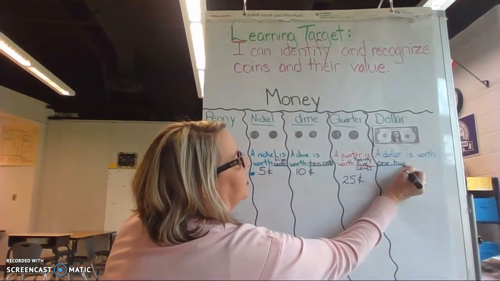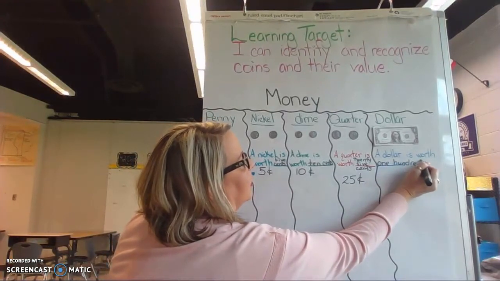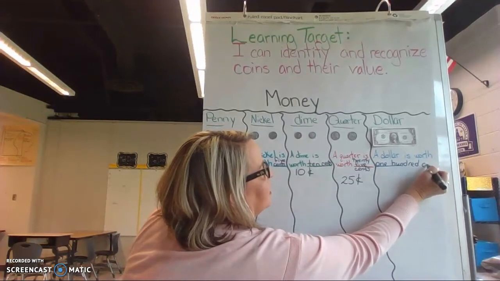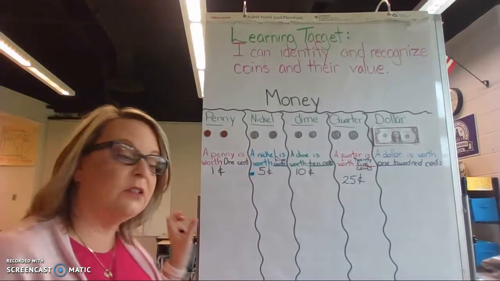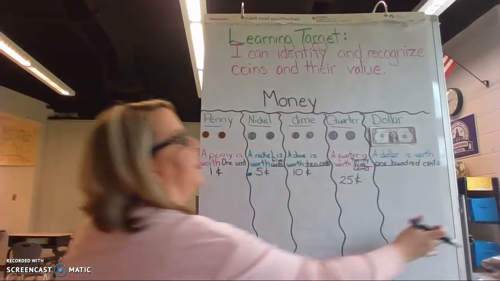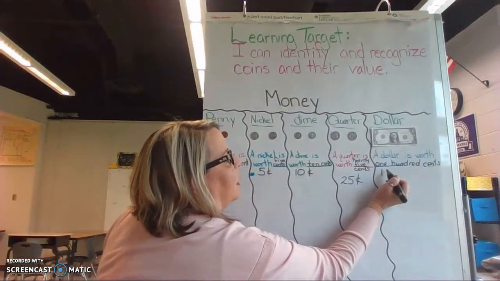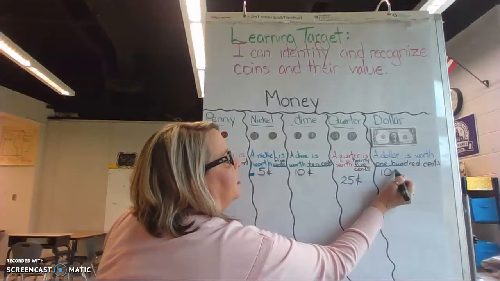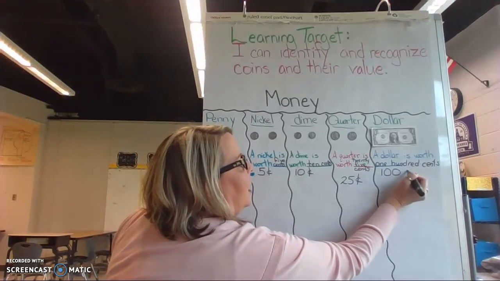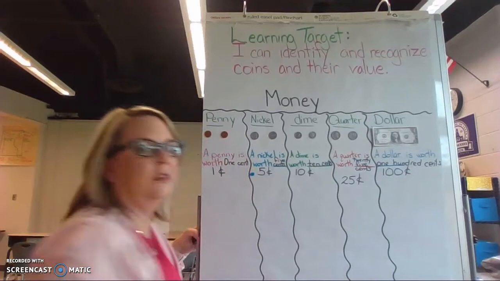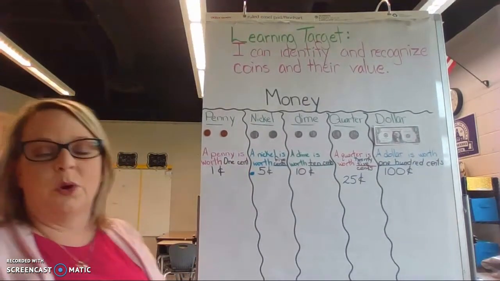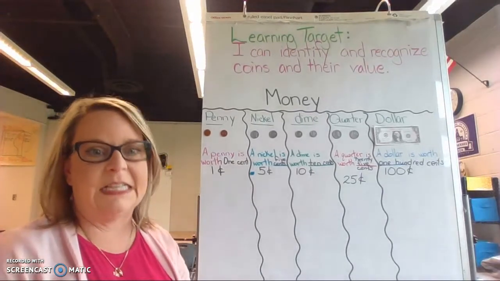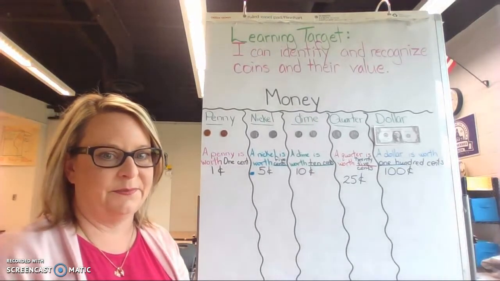Now, if I'm going to write this in numerical form, then I am going to write a 1, 0, 0, and I'm going to write my special symbol beside it so that I know it's worth 100 cents.